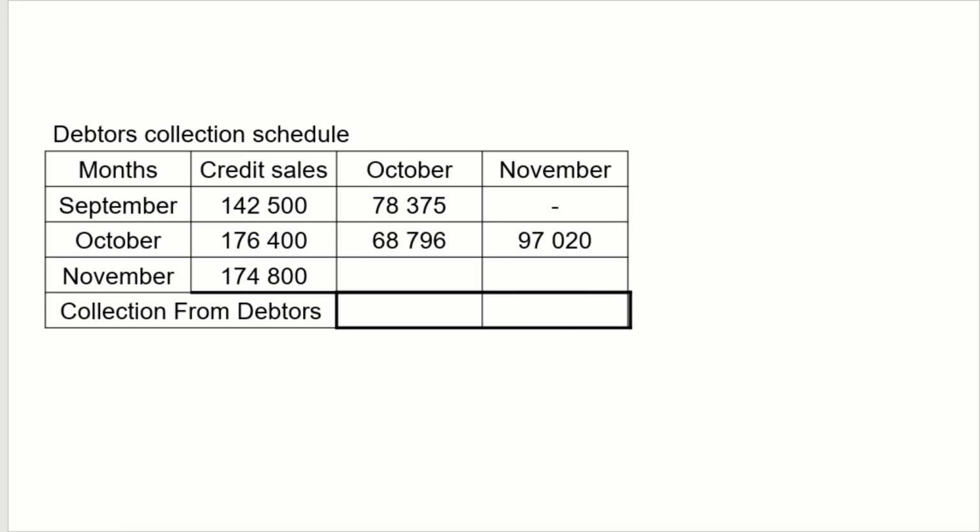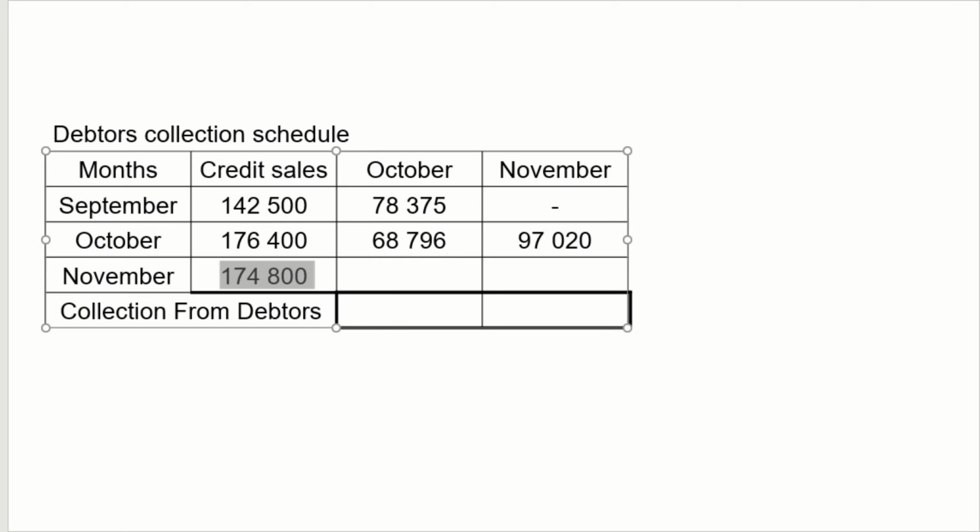So what we're gonna do, we're just going to cancel out the month of December just like that and only focus on what? On November. We're gonna focus on this. Okay, so now we're gonna come here, take the credit sale from November of 174,800 rands.